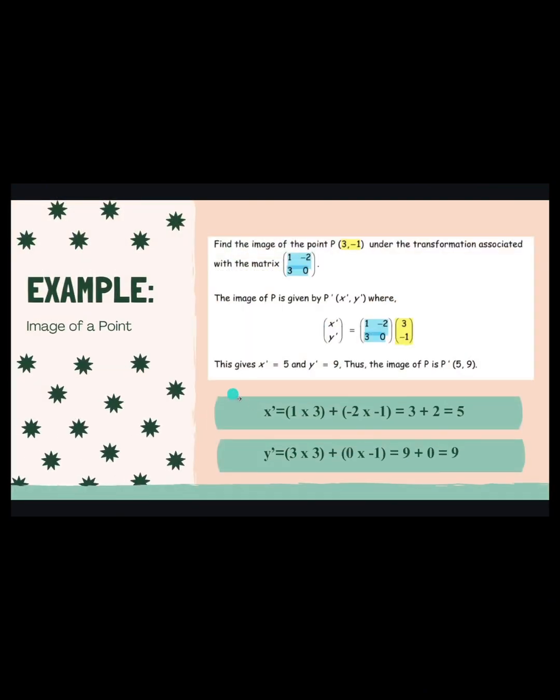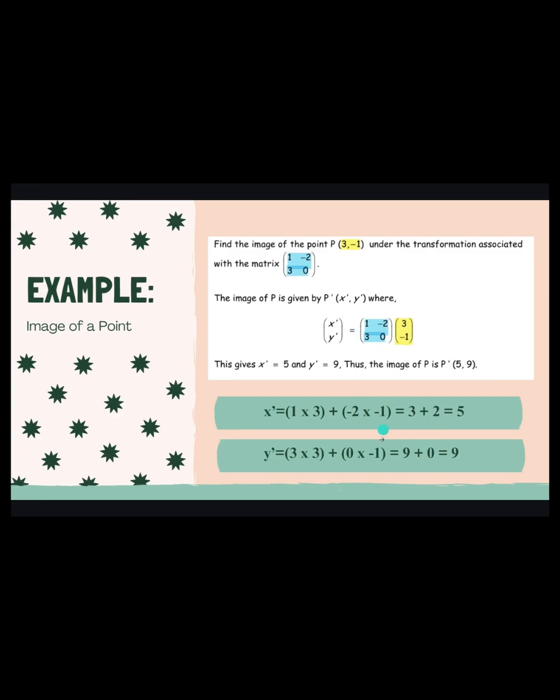One more example, the image of a point. We are given a transformation matrix with elements 1, -2, 3 and 0. Now we want to find the image of the point P with coordinates (3, -1). We multiply the matrix by the coordinate vector to get x' equals 1 times 3 plus -2 times -1, which equals 5.